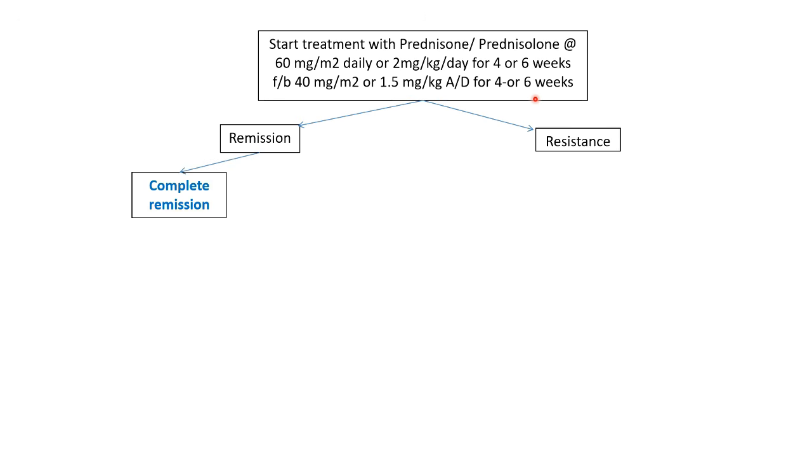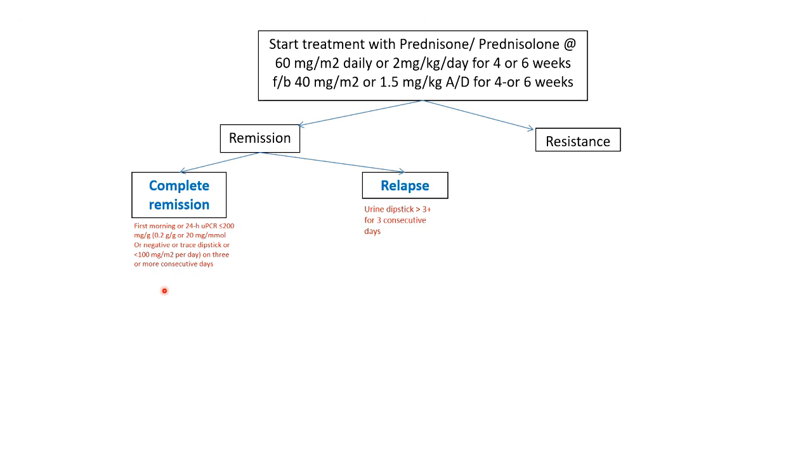A patient in remission can show complete remission, which is defined as first morning or 24-hour urine protein creatinine ratio less than or equal to 200 milligram per gram or 0.2 gram per gram or 20 milligram per millimole, or negative or trace dipstick, or less than 100 milligram per meter square per day urine protein in a 24-hour urine sample on 3 consecutive or more days, or the patient will show relapse.